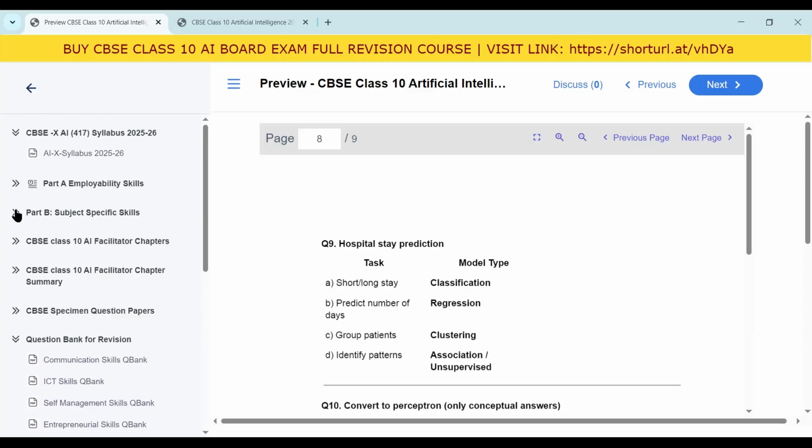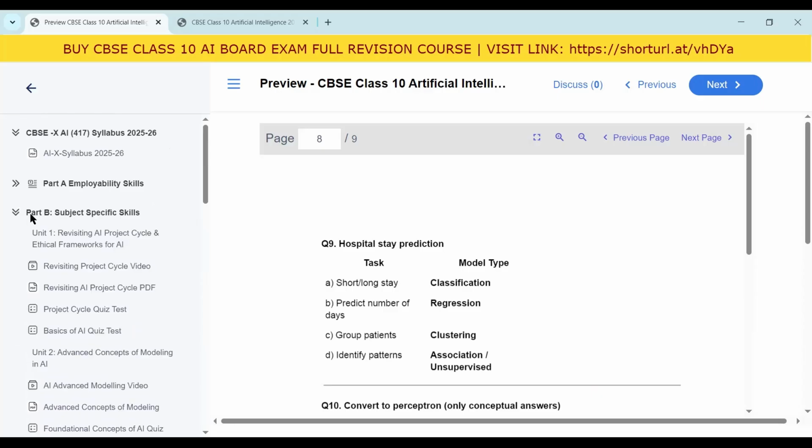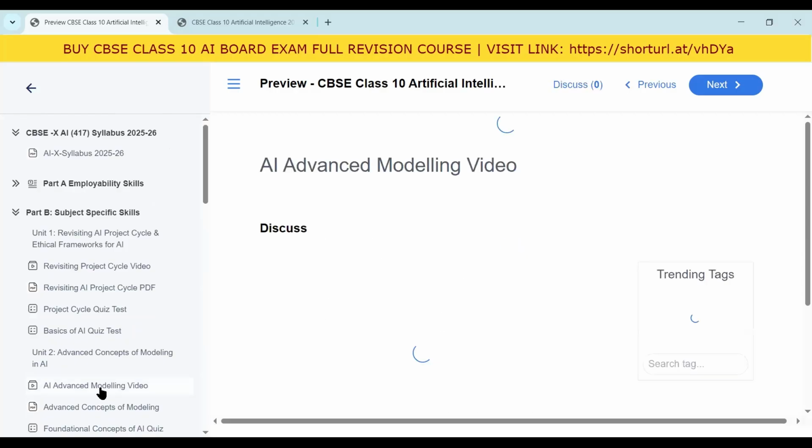Today, as I said, we are doing the topic of AI advanced concept modeling. So we are going to study through the AI advanced modeling video.